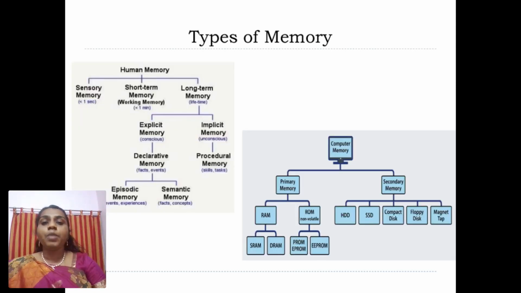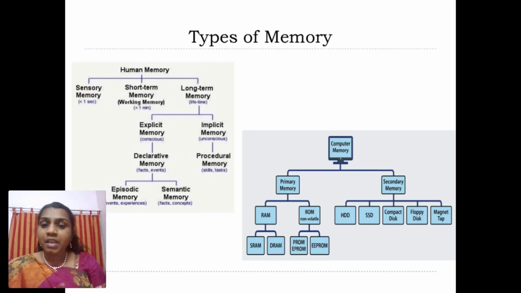Okay, so now we'll see what are the types of memory. When you talk about the human brain, we have sensory memory, short term memory, long term memory, explicit memory, implicit memory, and so many things as such. But when you look into the computer, you have only two things. One is primary memory, another is secondary memory.